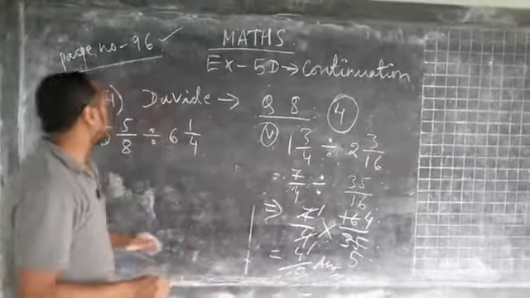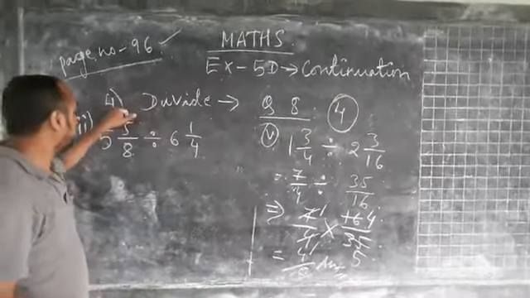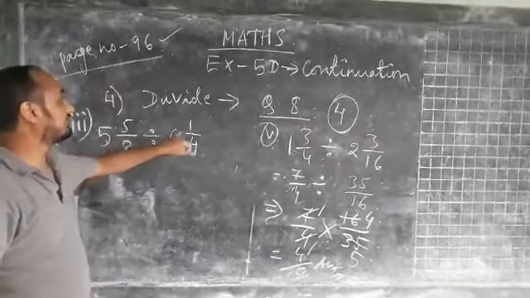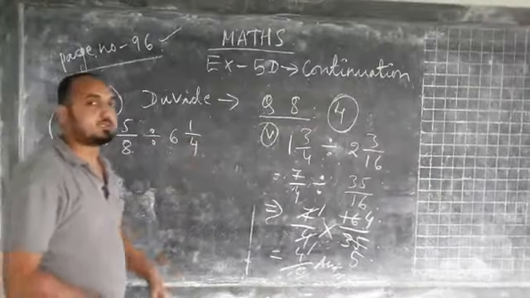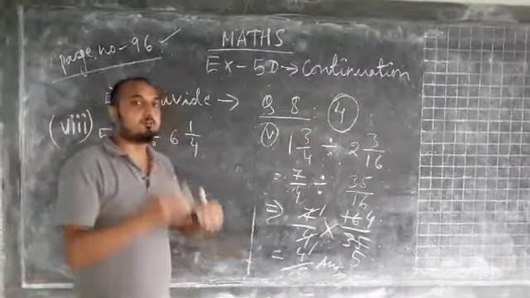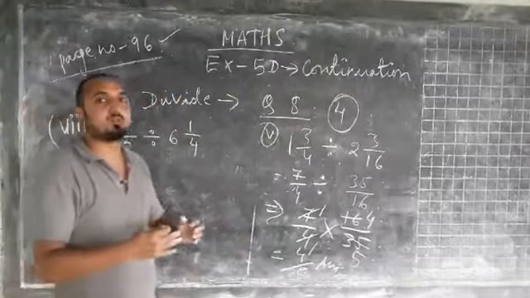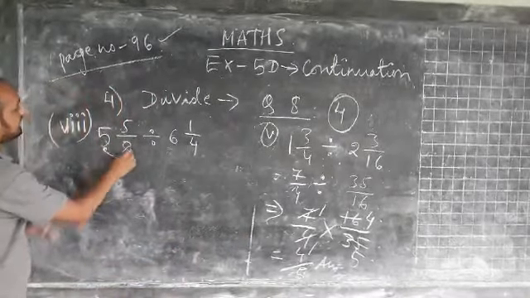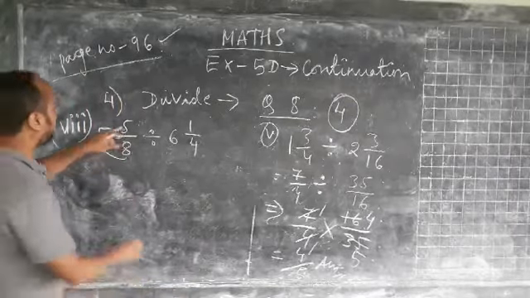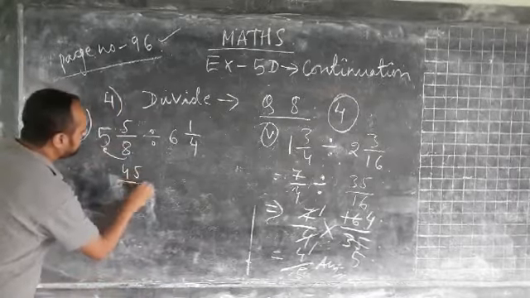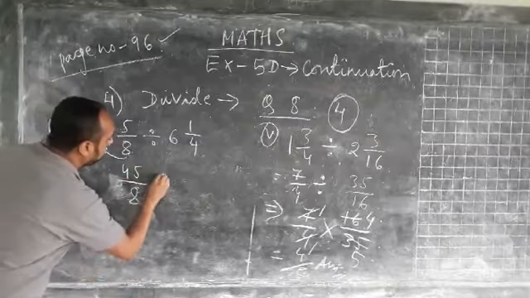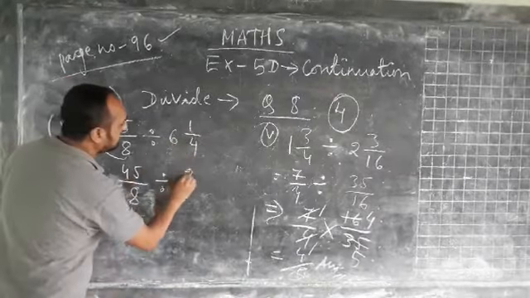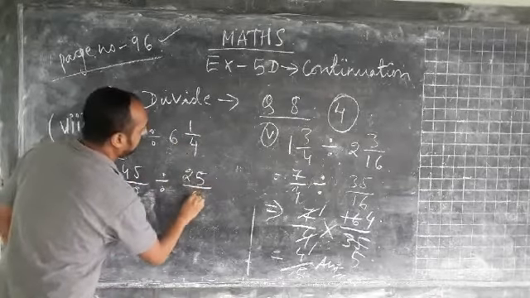The last question from this, question number 4, we have 5 5 by 8 divided by 6 1 by 4. Here also it is given in a mixed fraction. First step we have to convert this into simple fraction. 8 5s are 40 plus 5, so we will get 45 by 8 divided by, here 6 4s are 24 plus 1, 25 by 4.